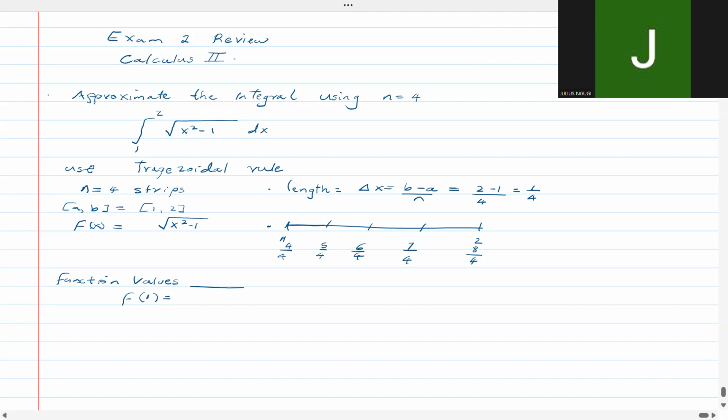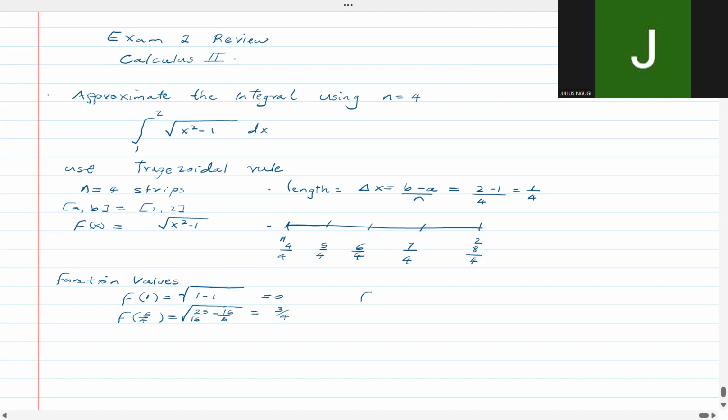You substitute 1 in the integrand: 1 squared minus 1, so that's 1 minus 1, 0. F at 5 over 4: you get the square root of 25 over 16 minus 16 over 16. So you get 9 over 16 in the square root, and that becomes 3 over 4.